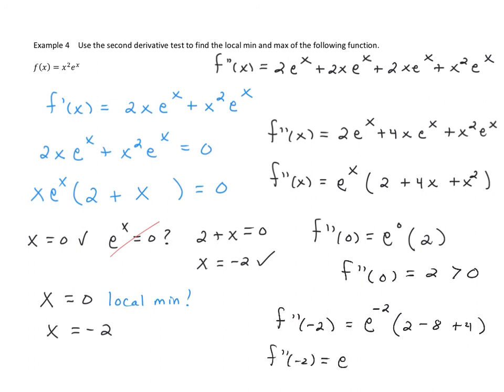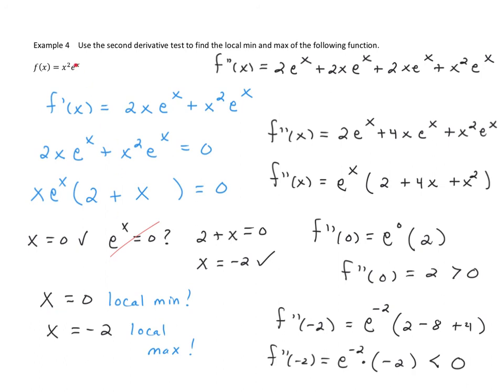That is e to the -2 multiplied by -8 plus 6, which is -2. E to the -2 is positive. I don't really even care what the number is. I know altogether it's going to be a negative number, and that means that this thing is a local max.